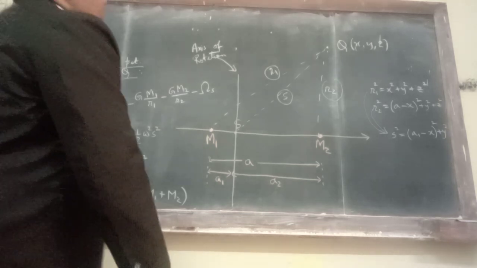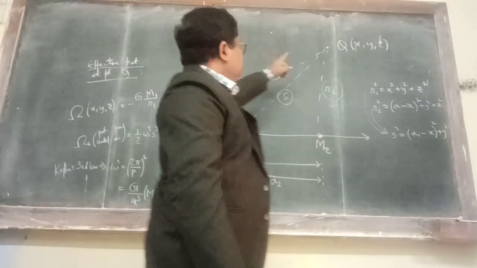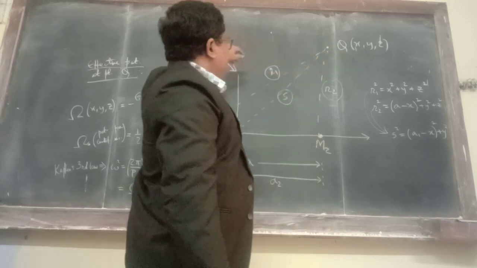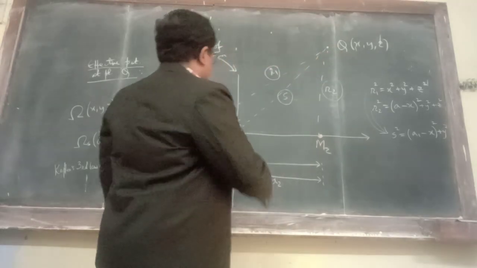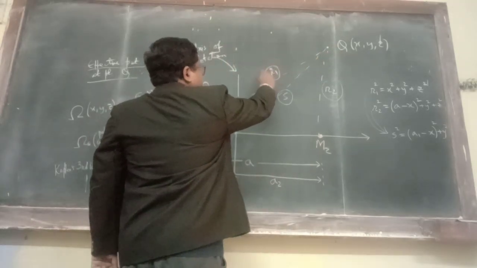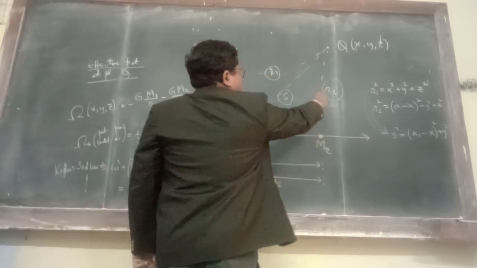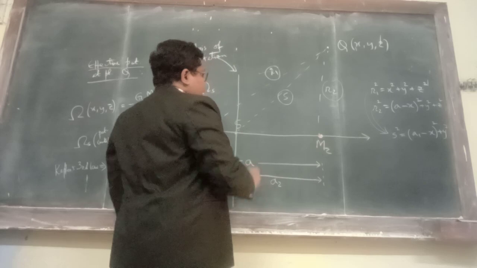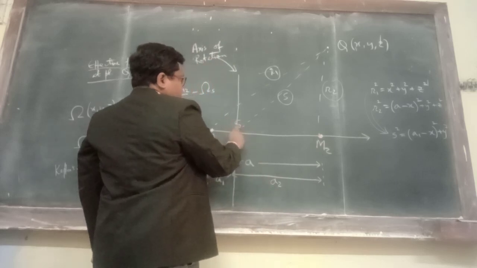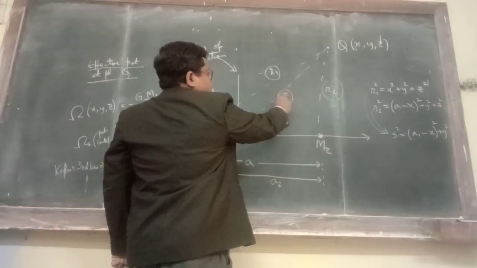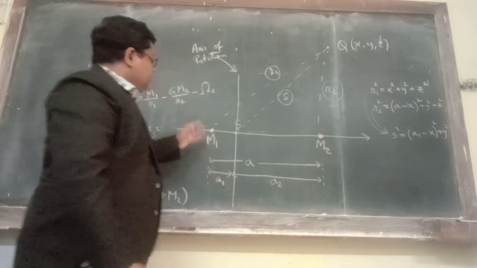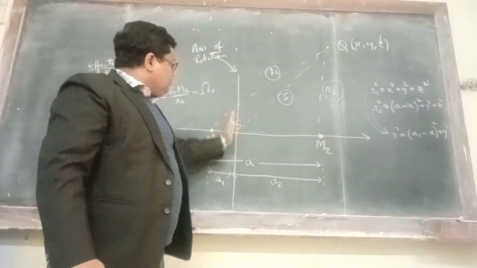As I was saying, we are considering an arbitrary point Q, x, y, z, at distance r1 from m1 and r2 from m2, and s from the center of gravity, which is the smallest distance. You must remember that this is the axis of rotation.